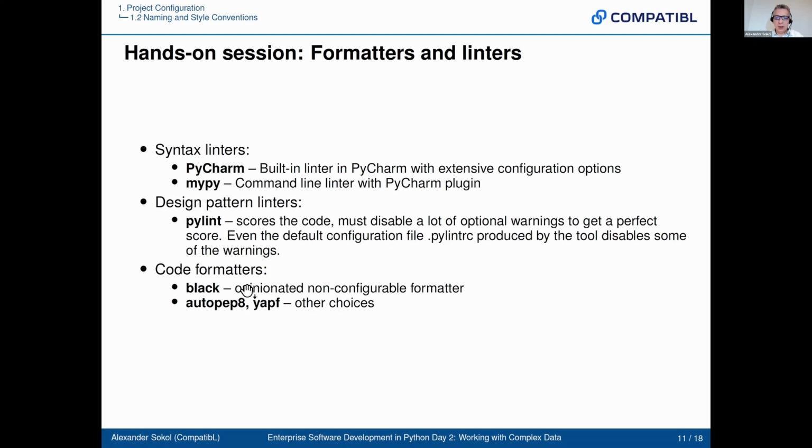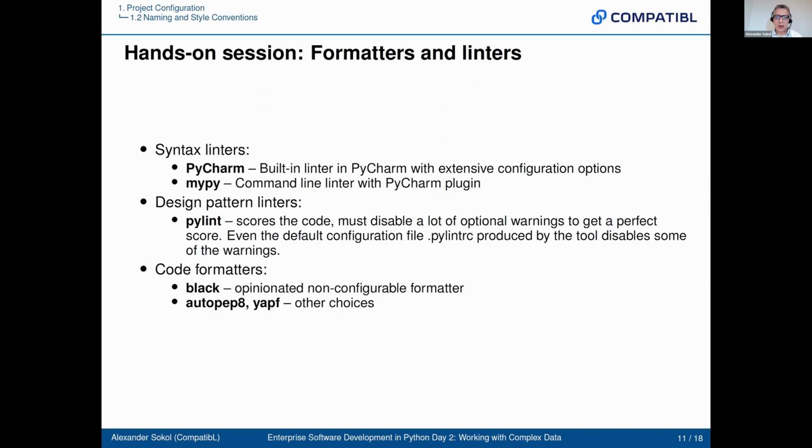But one good thing about black is that it's by design non-configurable, because when you start configuring a formatter, everybody configures them differently. In an open source or commercial project, when multiple developers configure the formatters differently, that's very dangerous, because you start getting a lot of diffs just because of formatting.